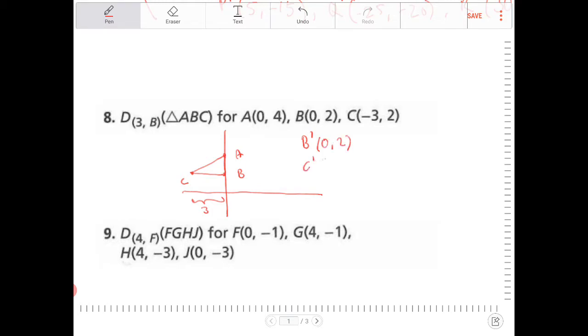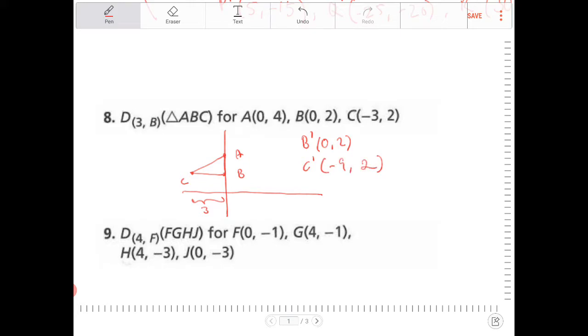C prime, where will that be? Well, since I'm dilating it by a factor of 3, C will stretch out by a factor of 3, which is going to be 9. So it's going to be negative 9, comma 2.